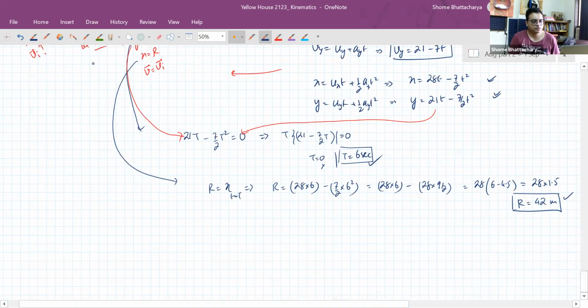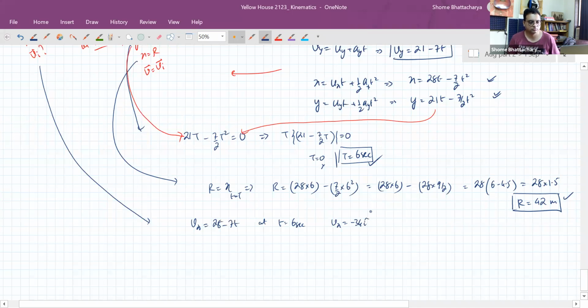Okay, so for the impact velocity, now you can see Vx was 28 minus 70t. So at t equal to 6 seconds, oh, sorry, 28 minus 42, so minus 14. Okay.